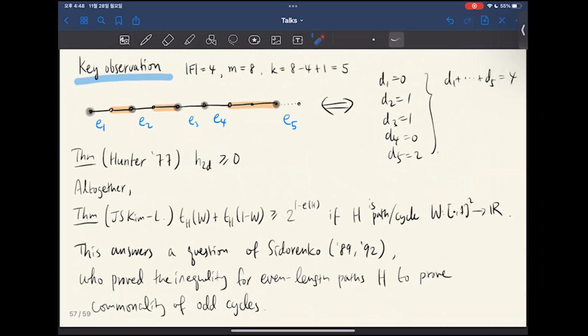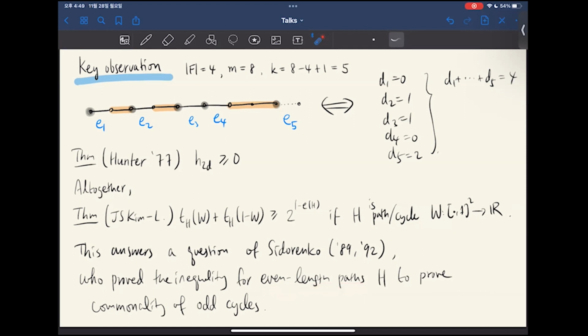And hence what we prove is a generalized inequality, not only for the graphons W, but also for generalized kernels whose domain is just R. And this inequality holds for any H that is a path or a cycle. And this answers a question of Sidorenko, who proved the same inequality for the kernels for even length paths to prove commonality of odd cycles.